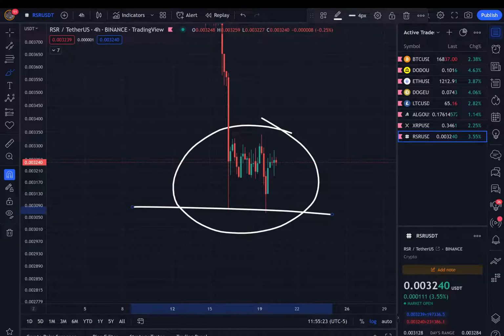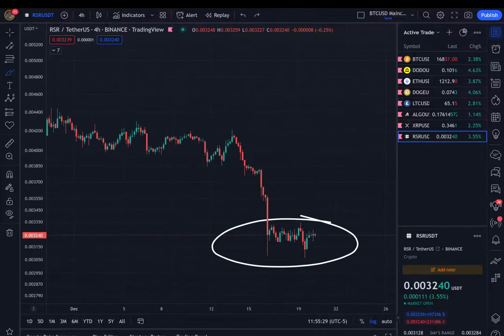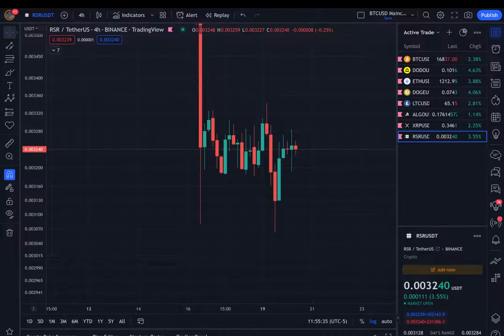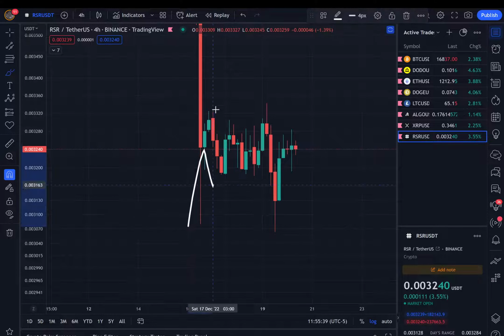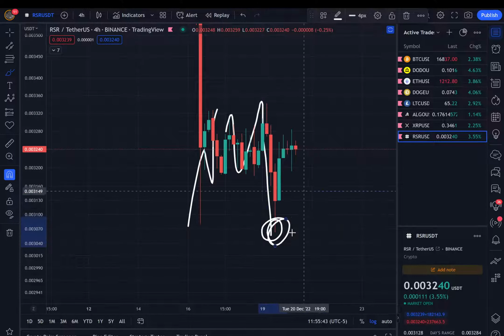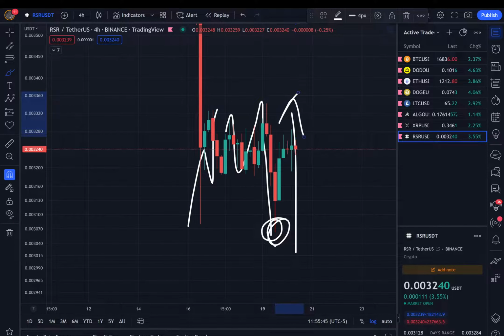This is why we do analysis on the high time frame first, so we understand the context of what we're looking at. We're not just looking at something, not understanding what's going on. So this is my pivot, or at least what I'm reading as a pivot, right? A wave, B wave, pump. According to my read, this is my breakout for RSR.